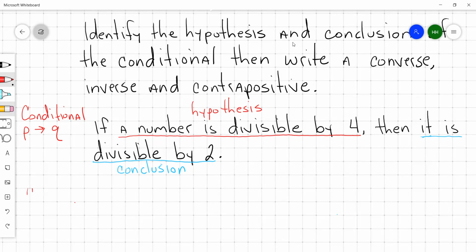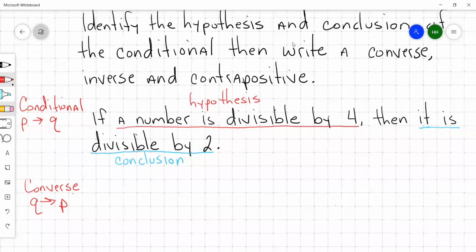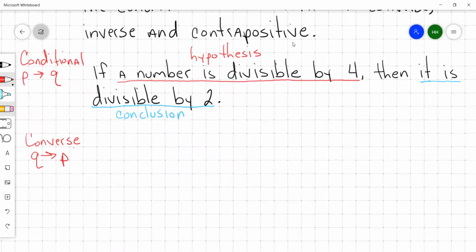All right, so we're going to write the converse of this statement. Here's the symbol for the converse. It's Q arrow P. What it means is to switch the hypothesis and the conclusion. So you're going to write a statement that starts with the word if, but the conclusion is going to follow the if.